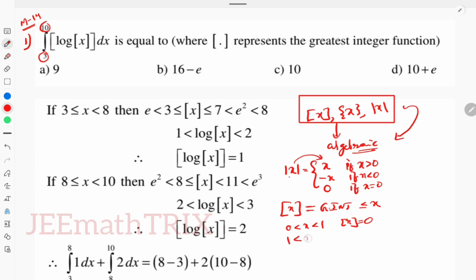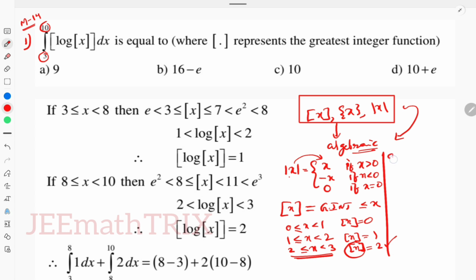If x lies between 1 and 2, the integral part of x becomes 1, with the lower bound equality there. If 2 is less than or equal to x less than 3, the integral part of x becomes 2. As long as x is between 2 and 3, the value of the integral part is always 2, so you can replace the integral part with 2. This is how we convert a step function.